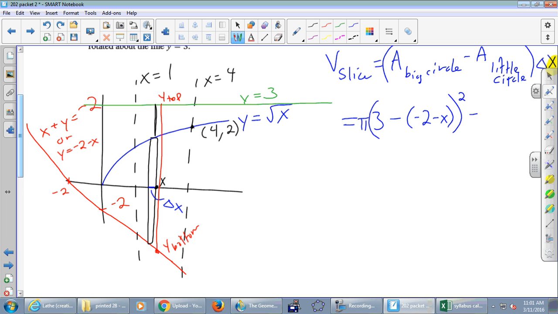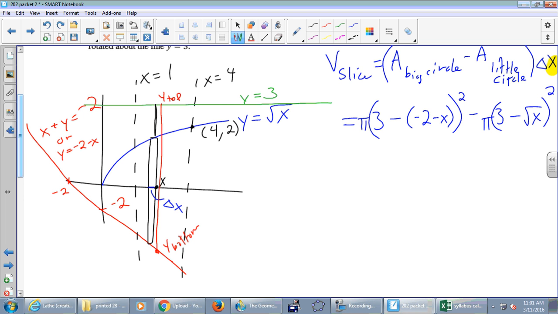So how much is y at the top of that? It's 3, constantly 3. So 3 minus, and then at the bottom, how much is y? Square root of x. Good. That's the small radius. Again, it's pi r squared for the circle.